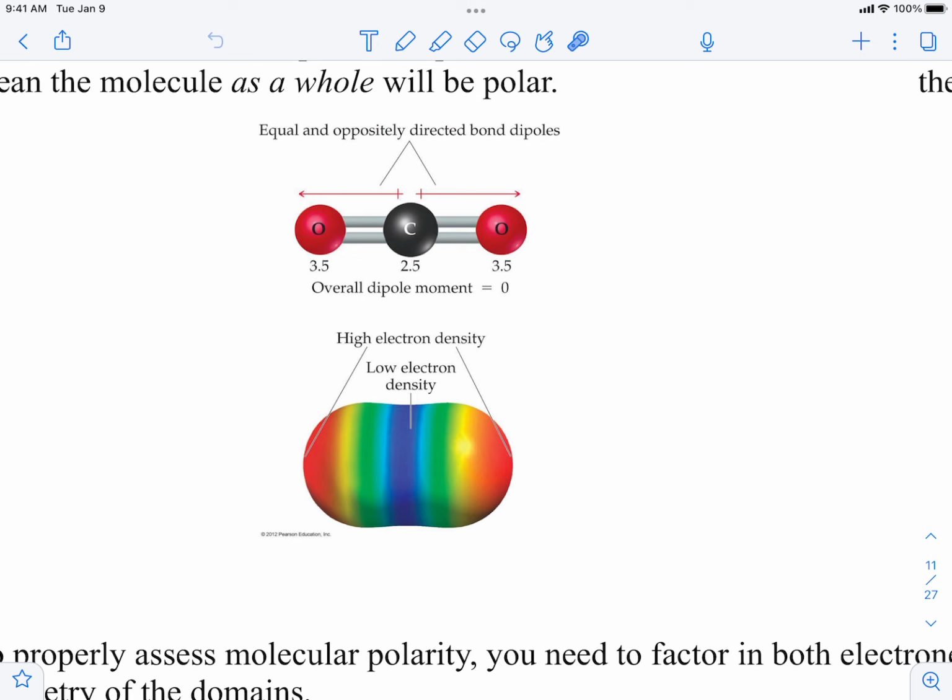So if you think kind of like in physics how we have vectors, these two would effectively cancel each other out. So when your dipole moments cancel, that means the molecule as a whole is nonpolar.